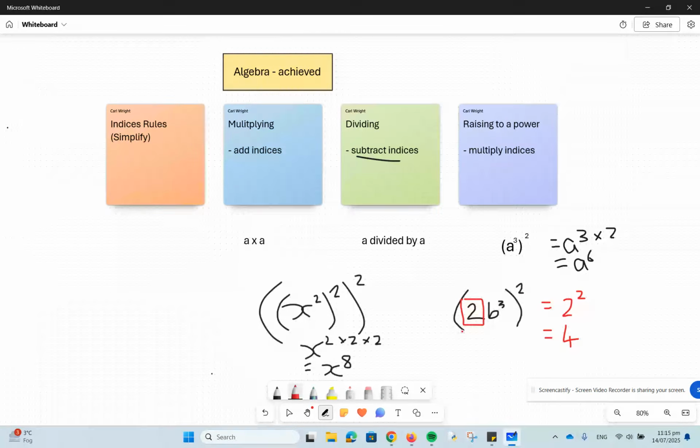Now I'm going to do the next one, which is the b to the power of 3 raised to the 2. So I'm going to go b now to the power of 3 times 2, which gives me b to the 6.